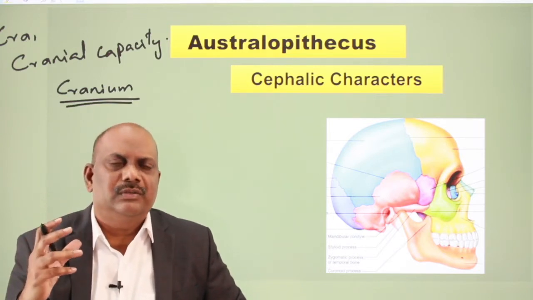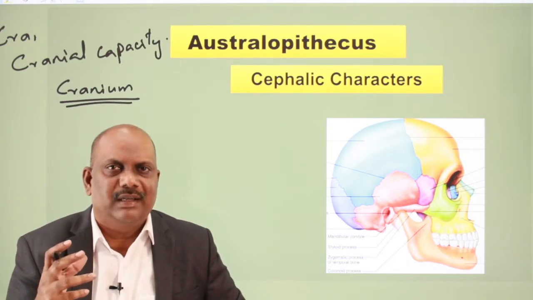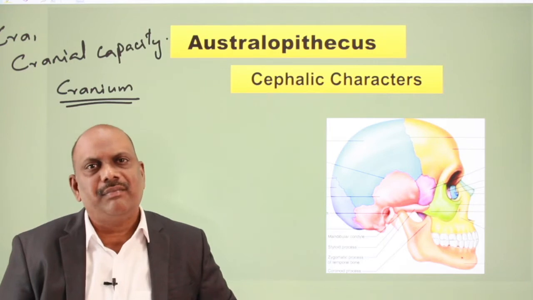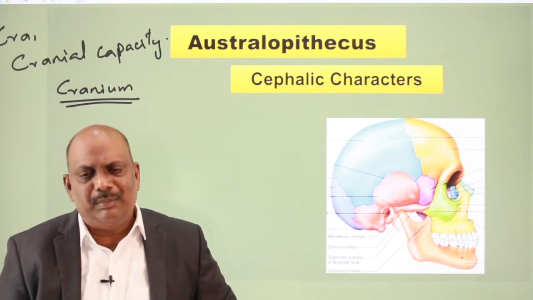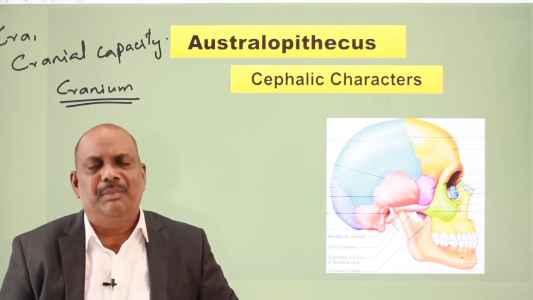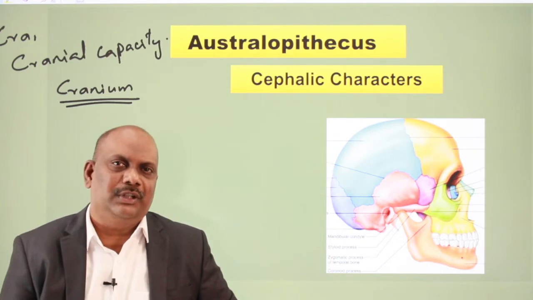Cranium refers to the collection of bones which envelops the human brain. It is composed of a number of bones, and I told you in the evolutionary perspective it is essential to know at least three important bones here.